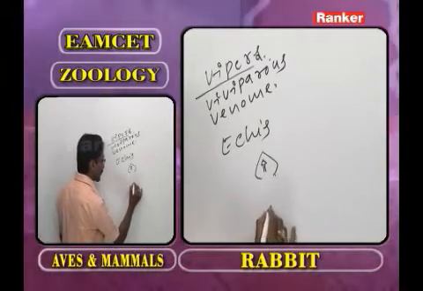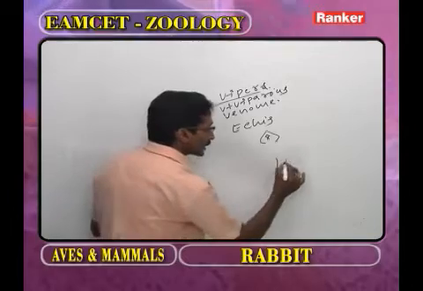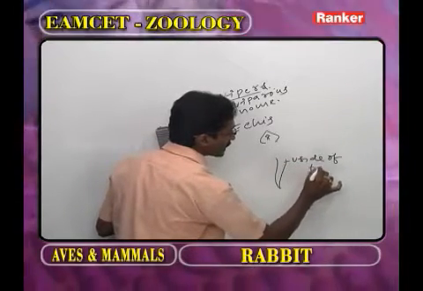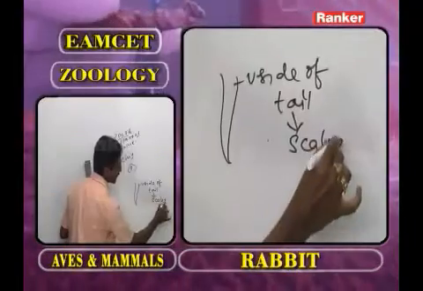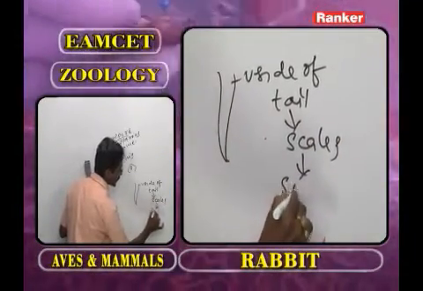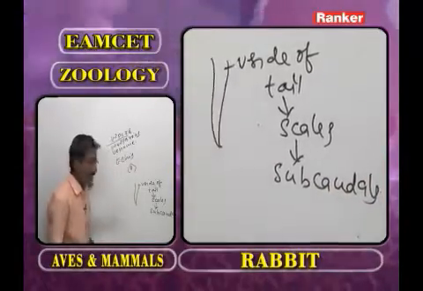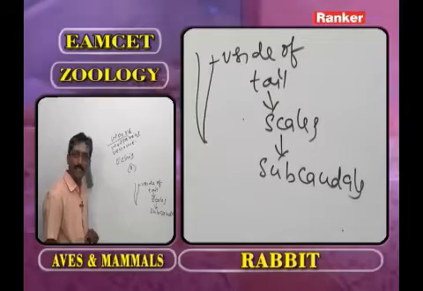Now, this part we call the tail. On the ventral side of the tail, what is present? Scales are present. Here the scales are called subcaudals. What is meant by subcaudals? They are the scales present on the ventral side of the tail.